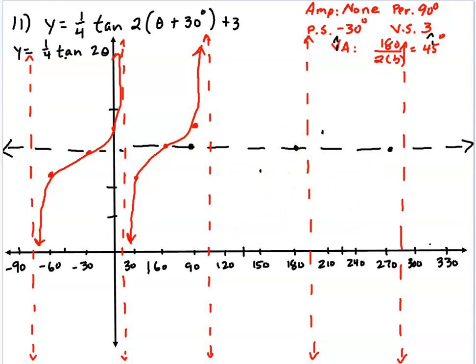I think I told you could do 3. Oh, left 30, left 30, and left 30. Okay, and if you wanted to keep going, you could, but I think that will be sufficient. But that's your final answer for the graph of number 11.